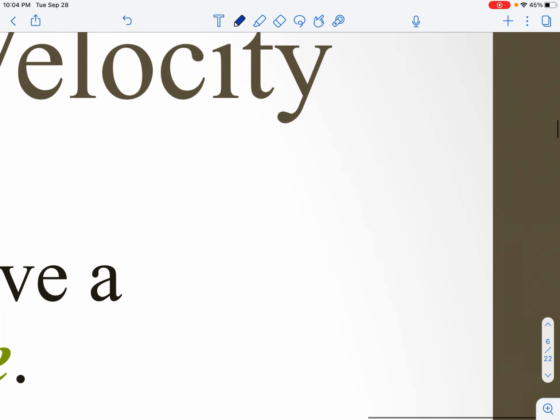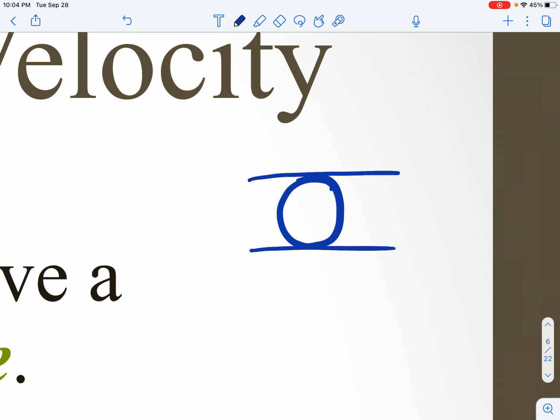Hopefully in math class you have learned that you can have a circle where there is a line that touches or intersects that circle at only one place. Now that line could be anywhere on your circle. It's just only allowed to touch the circle at one point or at one location.